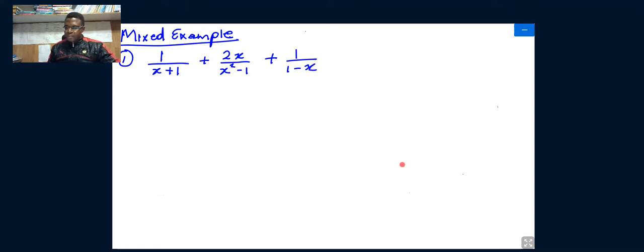Okay, now we need to factorize this one, the middle term. We need to factorize it so that it can look like the others.